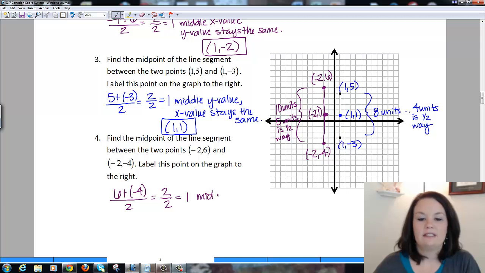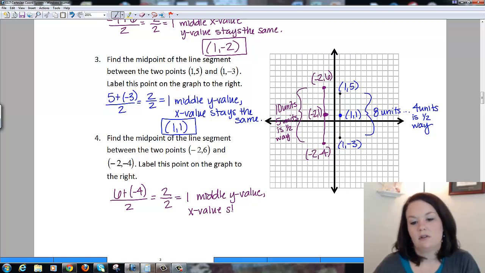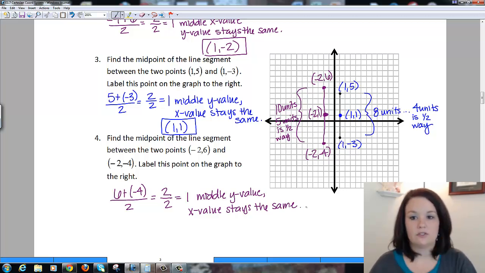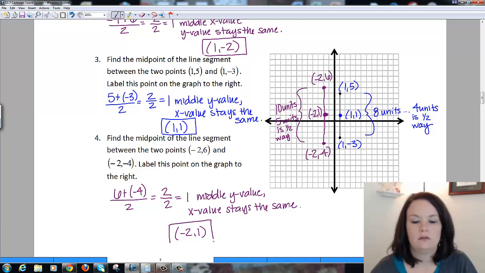So that means this is my middle y value, and then my x value stays the same, because it's still on that line that goes through, all my x's are -2. So that means my midpoint here is -2, 1.